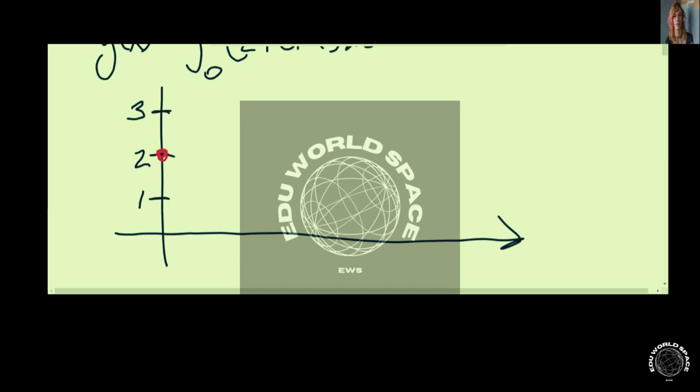We move up to the point pi over 2, 3. And back down to the point pi, 2. And to the point 3 pi over 2, 1. And then 2 pi, 2, and it repeats itself.